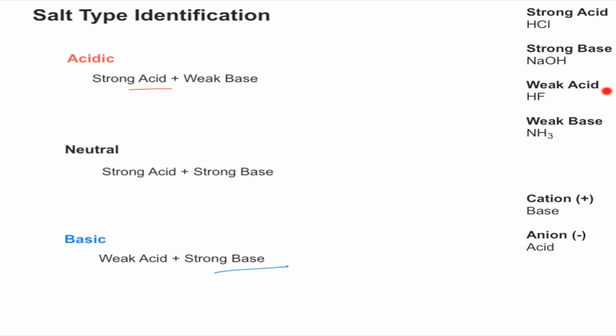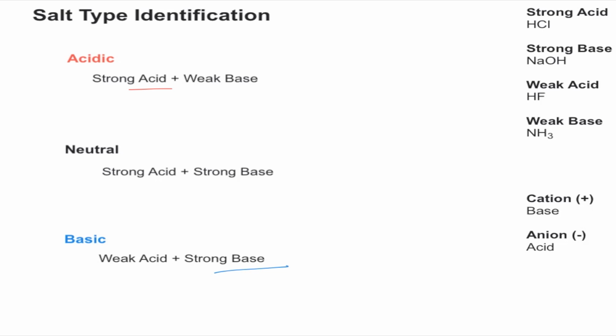In this case specifically, we have a strong acid, strong base, a weak acid, and a weak base. So theoretically, there are 4 different combinations that could occur: strong acid with strong base, strong acid with weak base, strong base with weak acid, and then weak acid with weak base. But if you notice, I didn't write weak acid plus weak base in any of the scenarios, and that's because for a weak acid and a weak base, determining if the salt is neutral, acidic, or basic is a little more complicated.